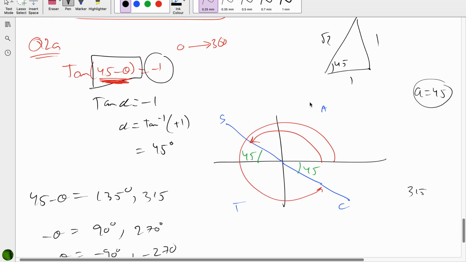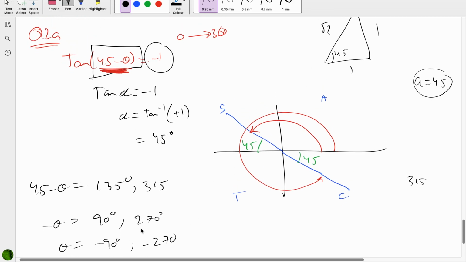Can you quickly check when we substitute this minus 90 in this equation?